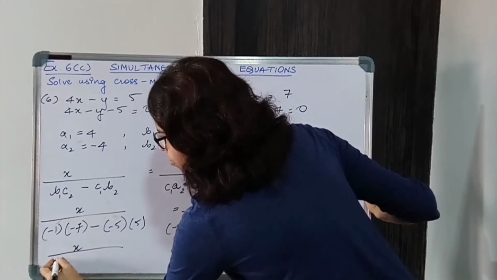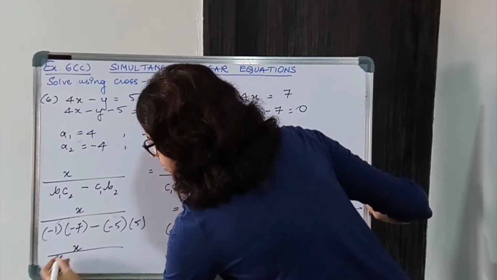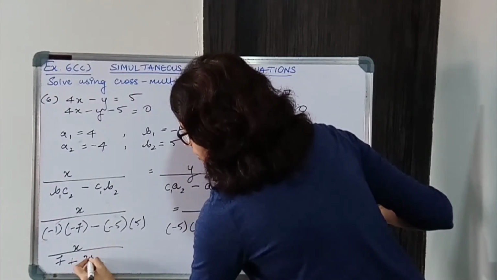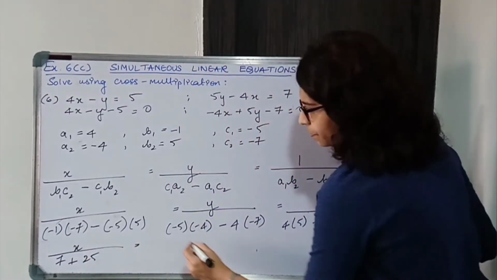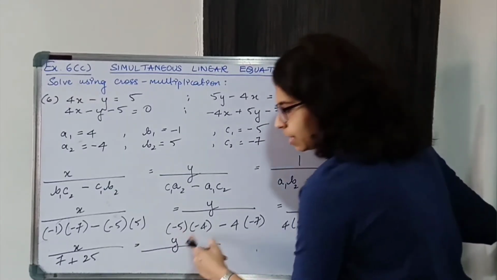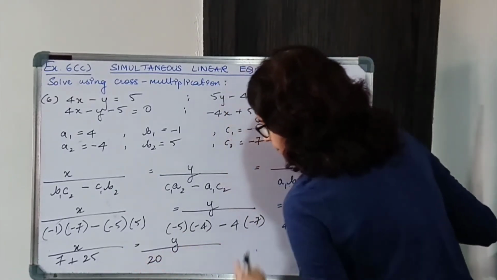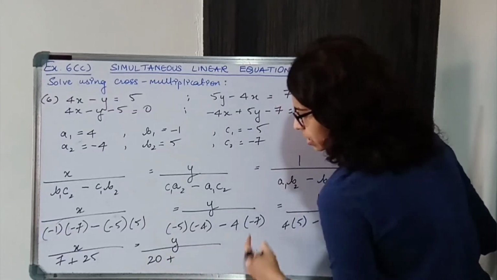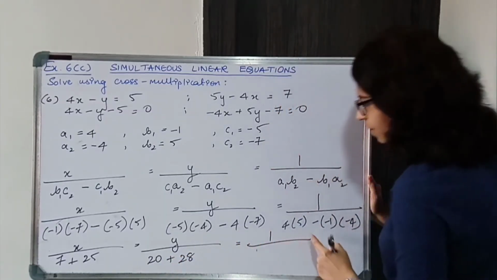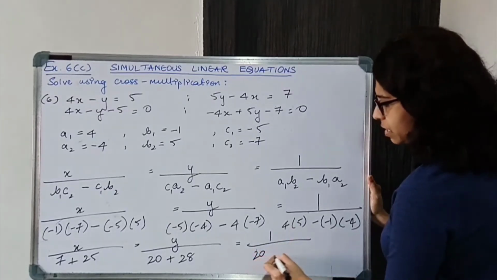Minus into minus plus, 1 into 7 gives 7. Minus into minus plus, 5 5s are 25. Minus into minus plus, 5 4s are 20. And minus into minus plus, 4 7s are 28. 4 5s are 20.